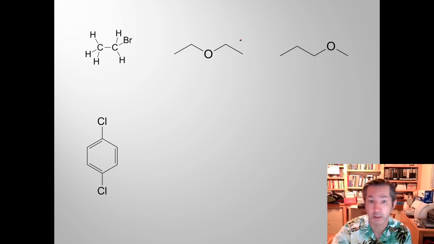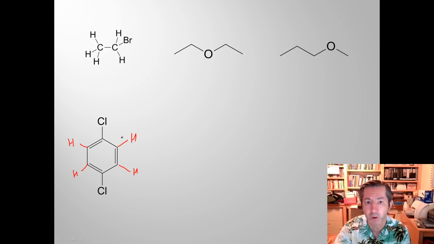Let's look at something aromatic here. So this compound right here, we have 2 chlorines, and we've got 4 hydrogens. Turns out, if you look at any one of these hydrogens, they're all in the same environment. They're all next door to a chlorine. This hydrogen is experiencing the same stuff as this hydrogen.